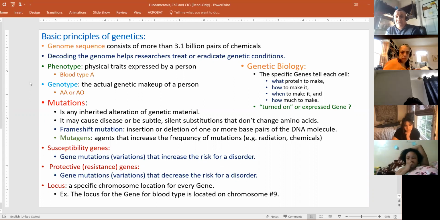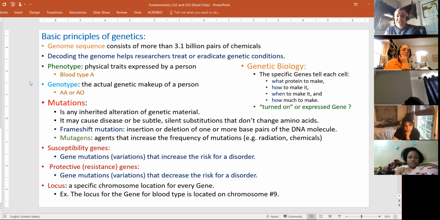The gene also tells the cell how much to produce and when to stop. So all the specifics, that's why we have controlled production of every chemical, hormone or enzyme.